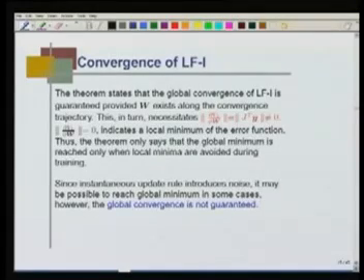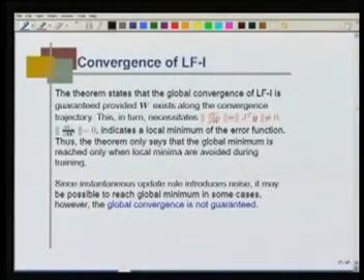The convergence of LF1: we showed that y tilde converges to 0, but there was a condition that W dot exists along the convergence trajectory. Then our theorem is right, but if W dot does not exist along the convergence trajectory, then our result does not hold good. So the theorem states that global convergence of LF1 is guaranteed provided W dot exists along the convergence trajectory.